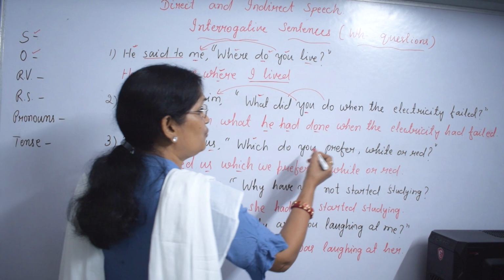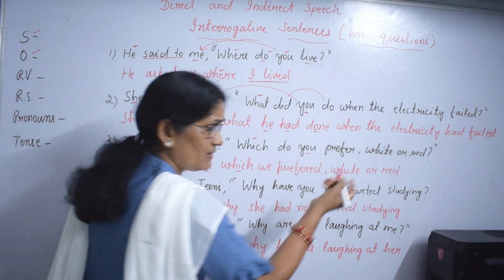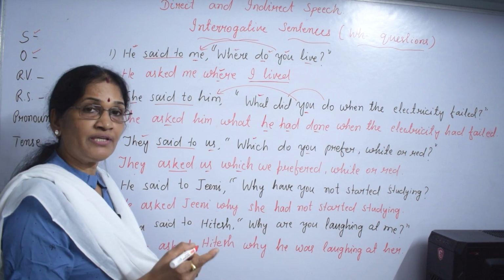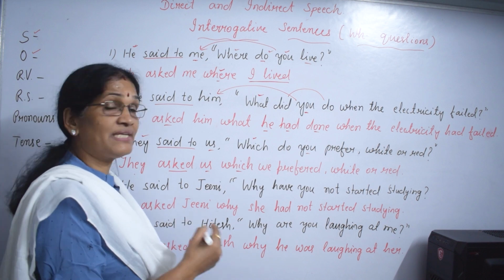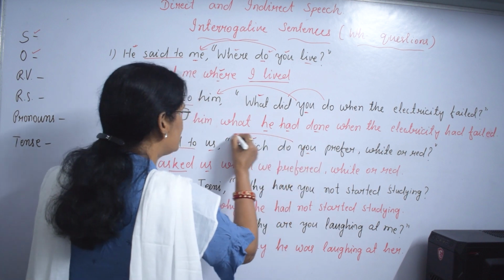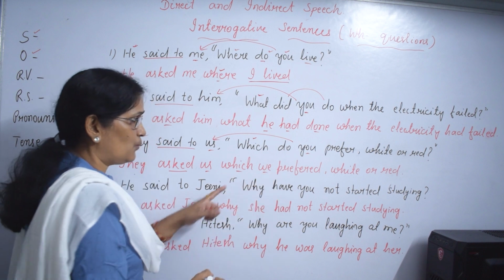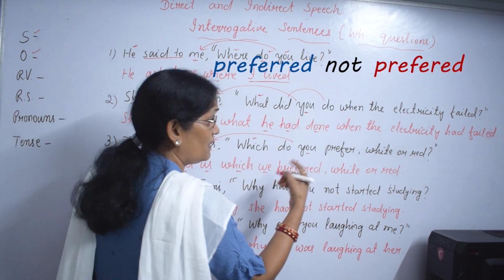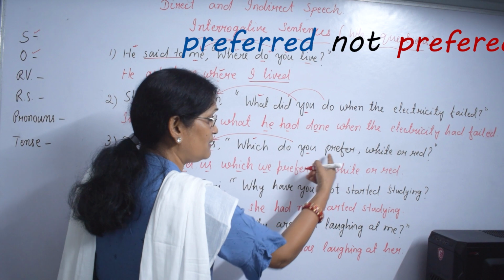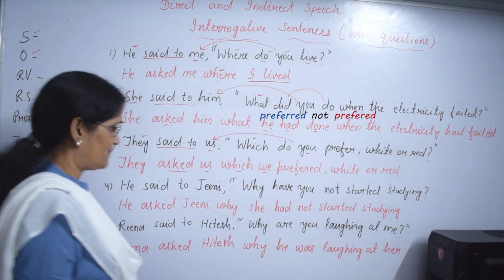"Which do you prefer, white or red?" That means you prefer white or red. That is simple present and will be changed into simple past. So you, a second person pronoun, will be changed as per the object us. Its subjective form is we. We preferred white or red.